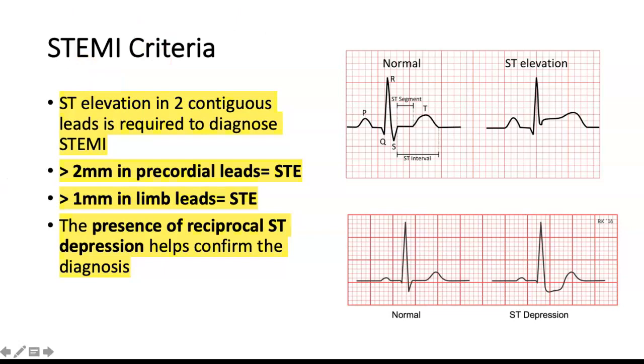The presence of reciprocal ST depression helps to confirm the diagnosis. Because ST segment elevation localizes, we can infer areas of damage based on the location on the EKG tracing.